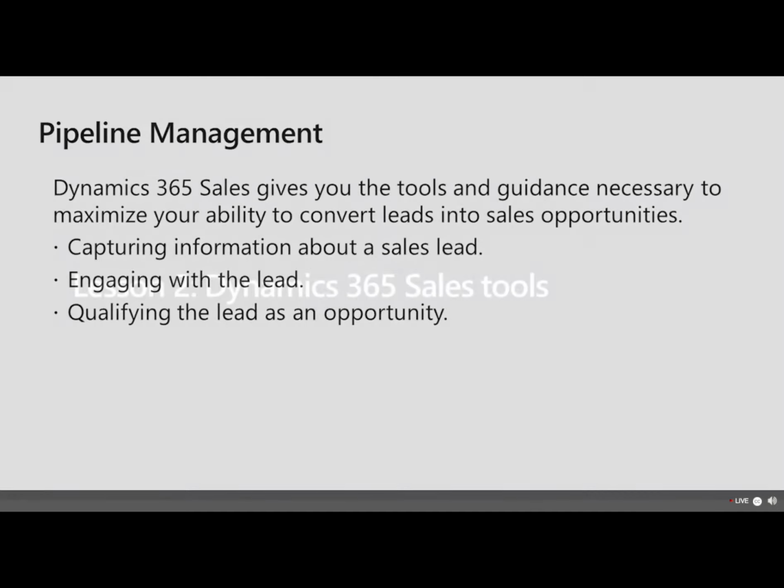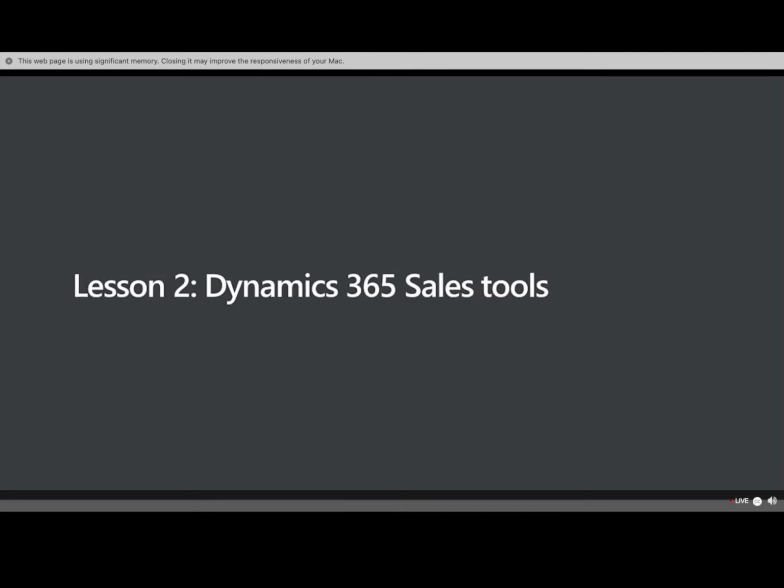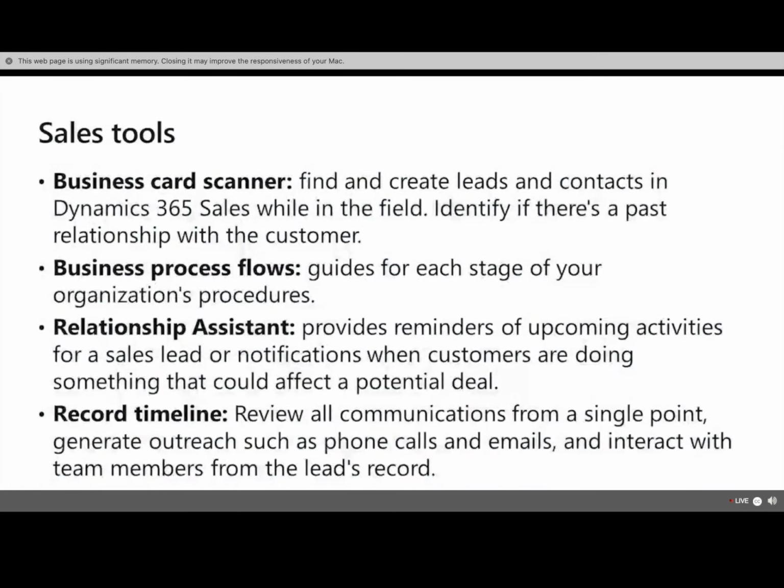For our next section, I actually want to look at some of the tools within Dynamics 365 to help continuously streamline that process. Now, we've talked about that business card scanner in that example with Tom, but it's a really helpful tool, especially if your organization attends a lot of events or trade shows, because of the mobile device and how you can use it, whether you're connected to the internet or not.